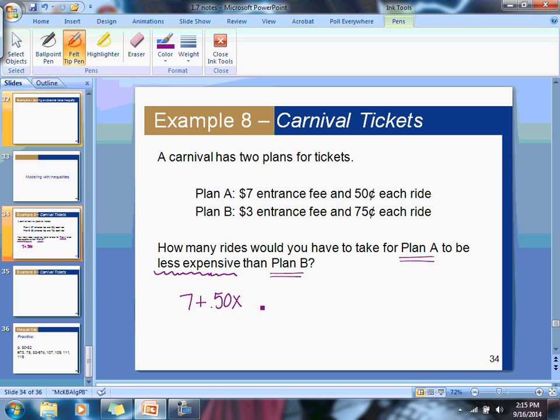And then Plan B, to translate that, I have to pay a $3 entrance fee and 75 cents for every ride. So 75 times x. Now here it asks me how many rides do you have to take for plan A to be less expensive than B. So this was plan A. I want it to be less than plan B. So that is my inequality that I'm going to solve.